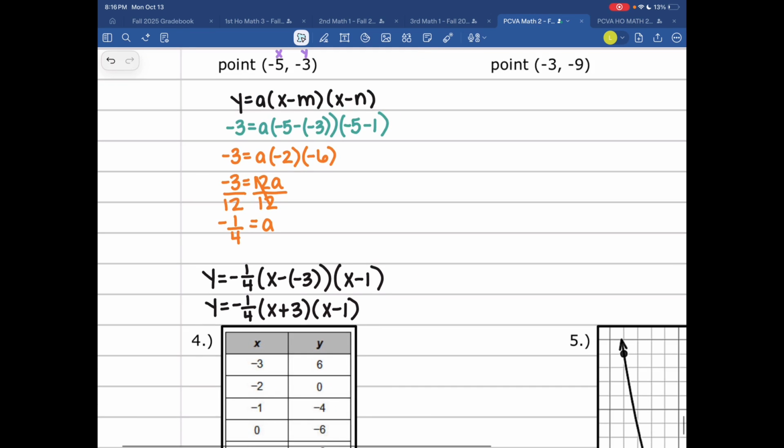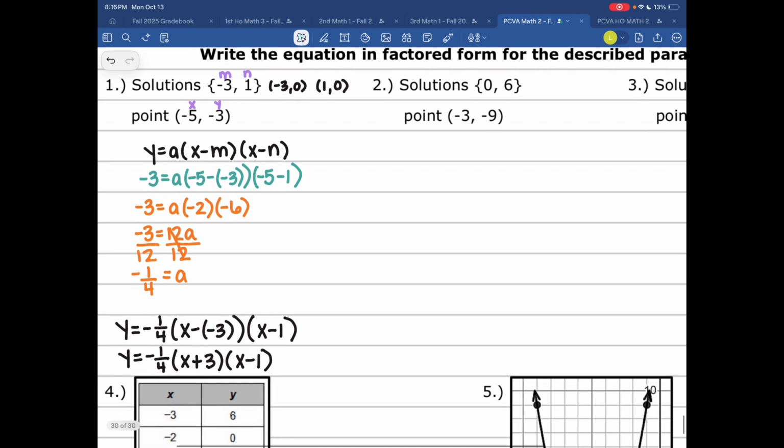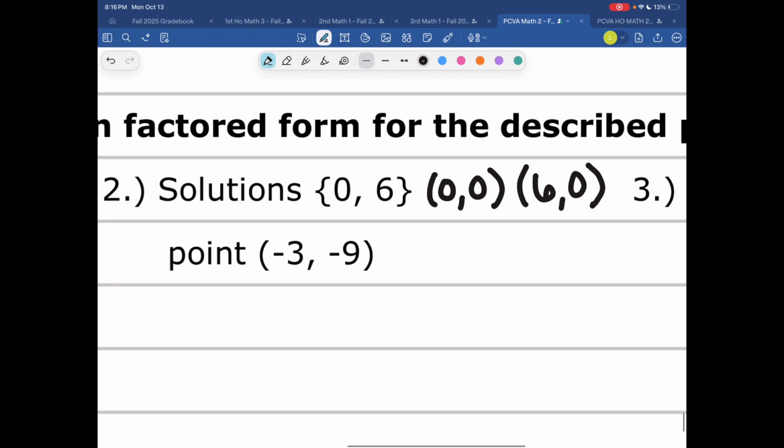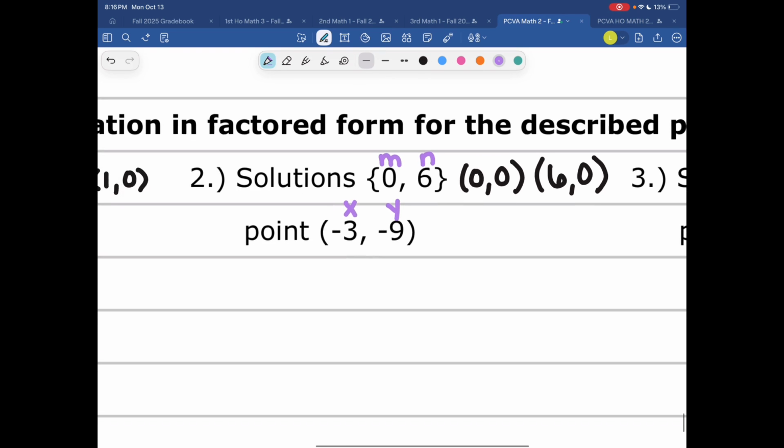All right, so let's look at the next example. Same situation. Our solutions are at 0 and 6. So again, that means that I have a solution at 0, 0 and I have a solution at 6, 0. So the actual points are those, but these are your m and your n. This is your x and your y that goes to that point.